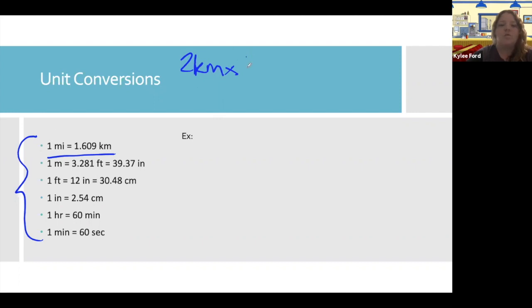So I'm going to put that 1 mile up top and then divide by our conversion, which is 1.609 kilometers. The train track method, I believe, goes like this. It's very similar, just looks a little different.